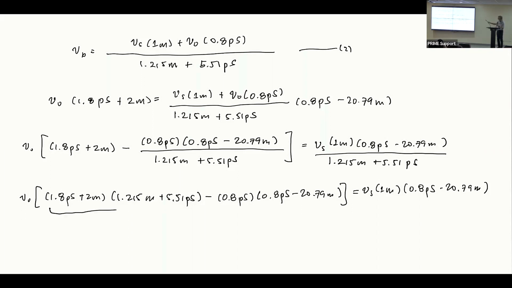Okay, the highest order here is S squared. Notice here I have S squared. Here I also have S squared. 1.8 PS multiplied by 5.51 PS, I'm going to get S squared. So my highest order there is S squared. So I'm going to get something like AS squared plus BS plus C. That's what I'm going to get here.